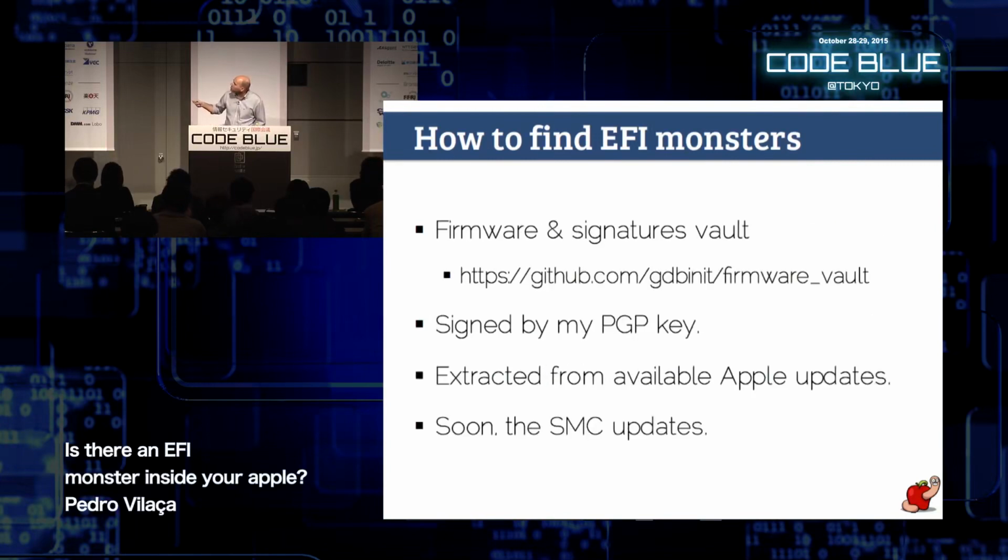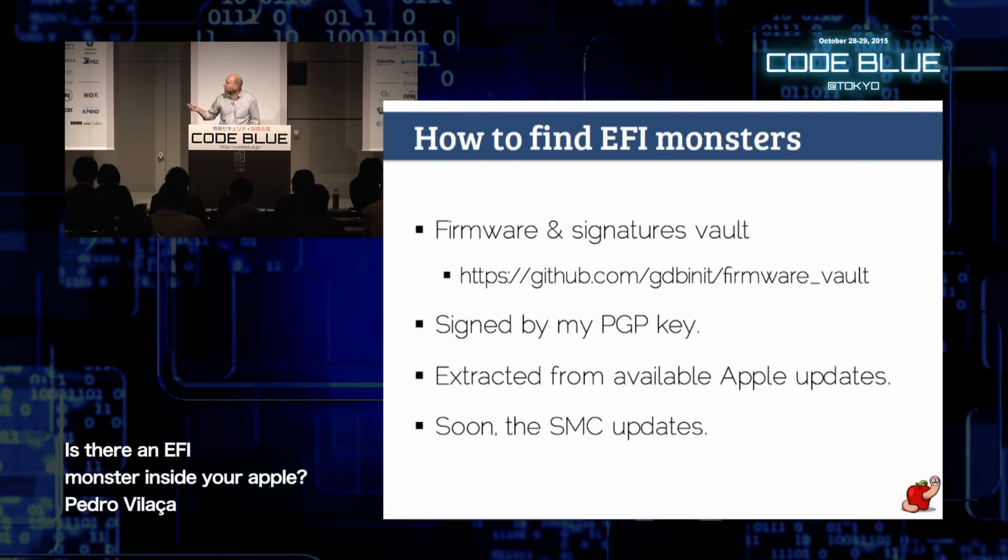If you trust me, I published everything on my GitHub. I was looking for every firmware that exists, and I put it there. I signed those firmwares with my PGP key. So it means that my reputation is at stake. If I put a rootkit in this, and if someone finds it, it will be very bad for my reputation.